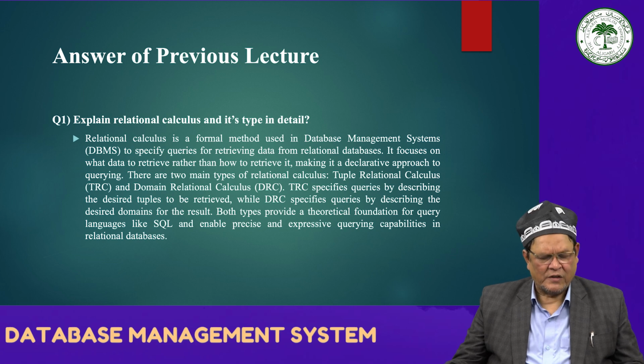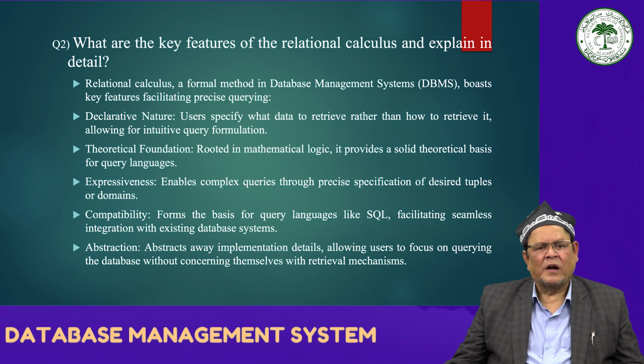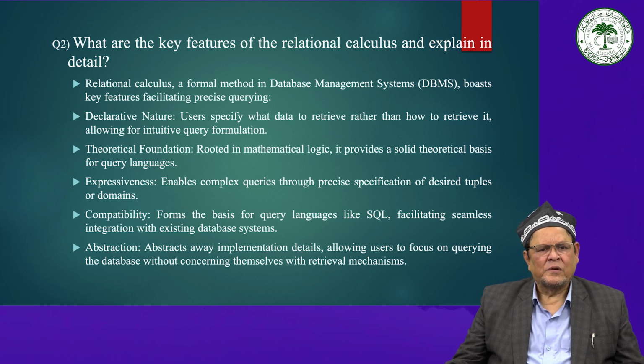The second question was, what are the key features of relational calculus and explain in detail? The answer is, relational calculus, a formal method in database management systems, boasts key features facilitating precise queries. First is declarative nature. Users specify what data to retrieve rather than how to retrieve it, allowing for intuitive query formulation.